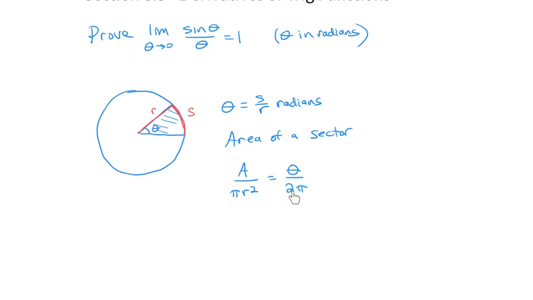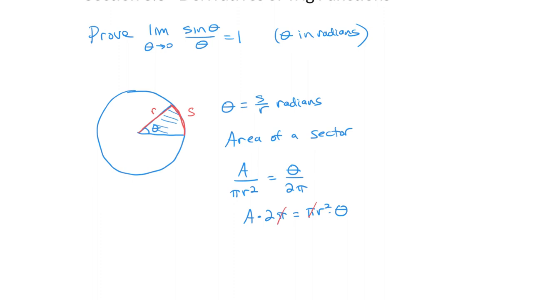So since this is a proportion, a fraction equal to a fraction, we know that we can take the cross products and they'll also be equal to each other. So what we could say is the area times 2 pi is equal to pi r squared times theta. Here we can see there's a pi on each side of the equation, so we could cancel those out, like we could divide each side by pi.